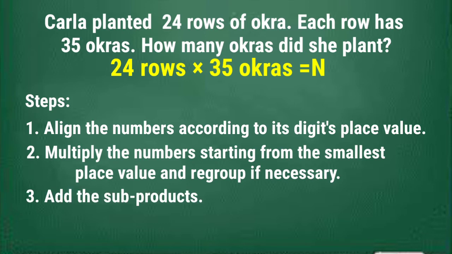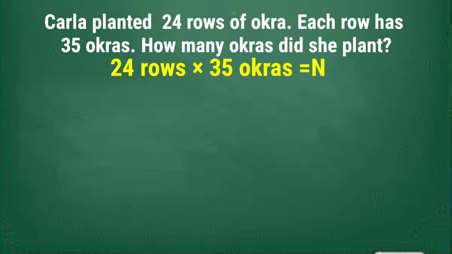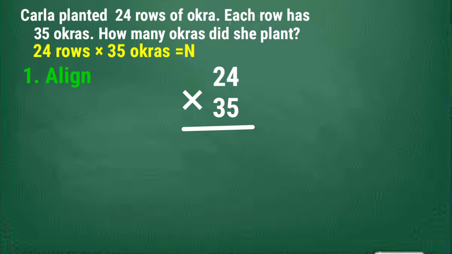And the result is what we call the product. So let's start multiplying 24 times 35. We will follow the steps in multiplying whole numbers. Of course, we have to align the numbers according to their place value. We have to arrange the numbers vertically.